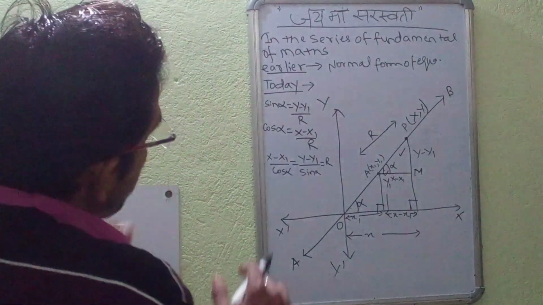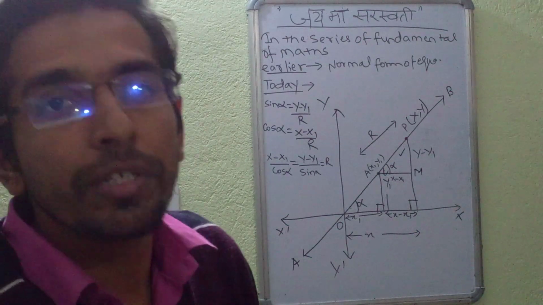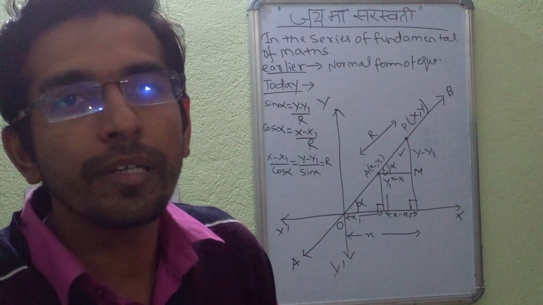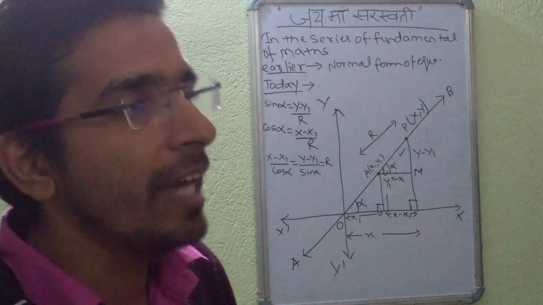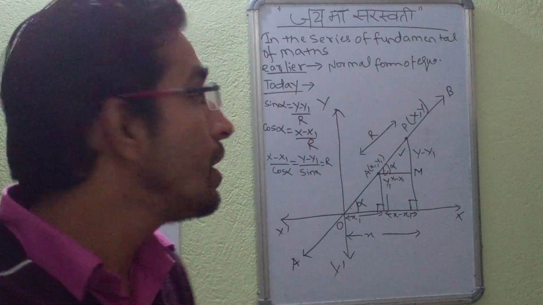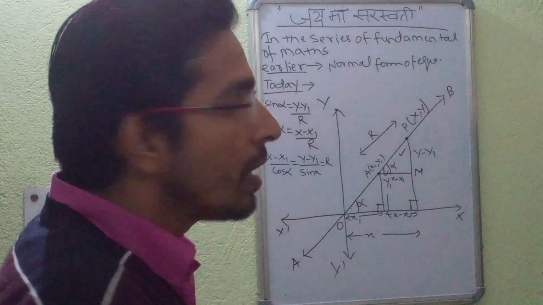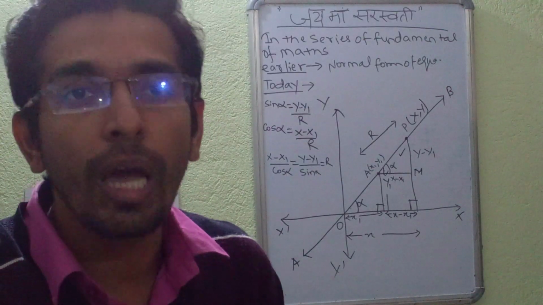Now, we will be using the basic trigonometric ratios, and thereafter we will be deriving some important equations. As we had studied in the lower classes, sine alpha is equal to perpendicular by hypotenuse.